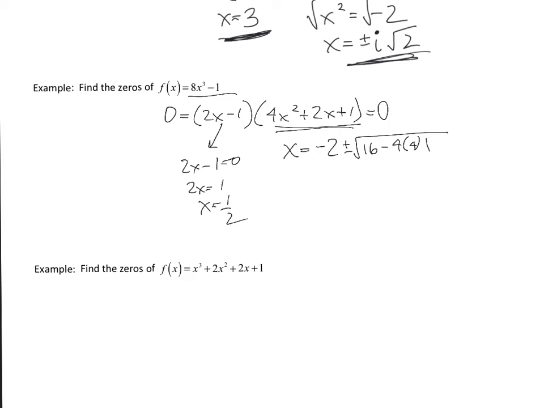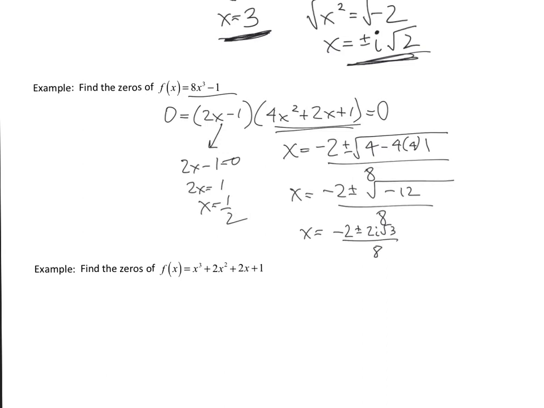Well, I just screwed that up because I just realized that I put in the wrong number for b. Let's try that again. Okay, sorry guys, I am human, but b squared is 4, not 16. There we go, all over 2a. Negative 2 plus or minus, let's see, this becomes 4 minus 16 or negative 12. When I simplify that radical, I get 2i root 3 all over 8.